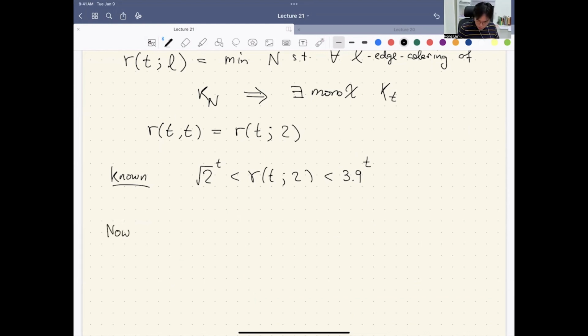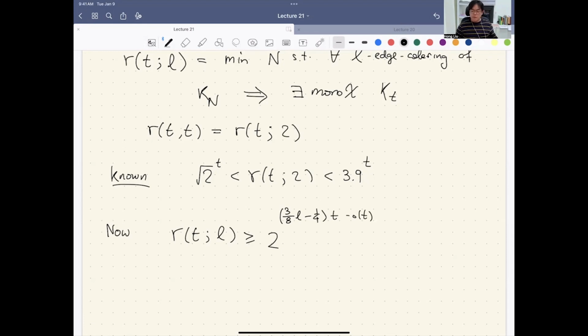Now, multicolor, we have for every fixed L, the L-color Ramsey number is at least 2 to the (3/8 L minus 1/4) t, minus a lower order term.